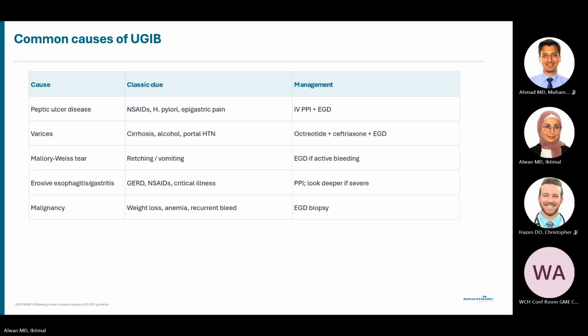Jaundice. Good. Also, if a patient is drinking a lot of alcohol, even if she doesn't have a reported history of cirrhosis, we still treat variceal bleeding unless proven otherwise.